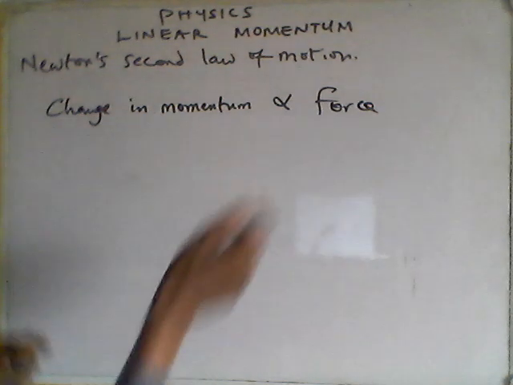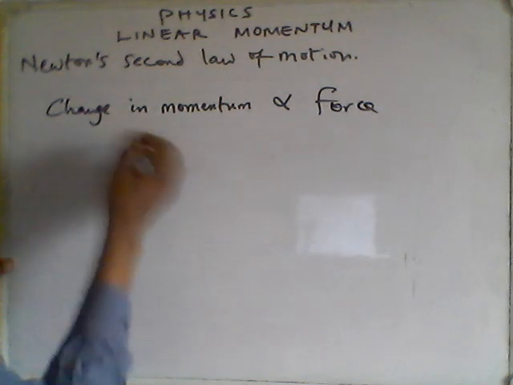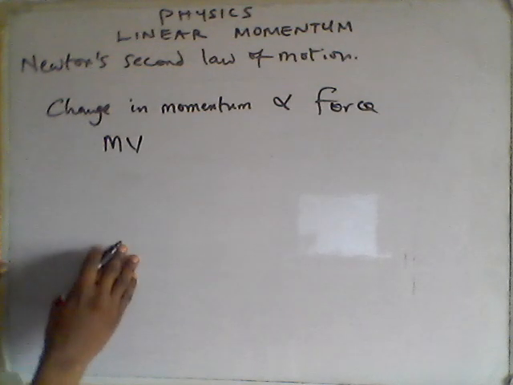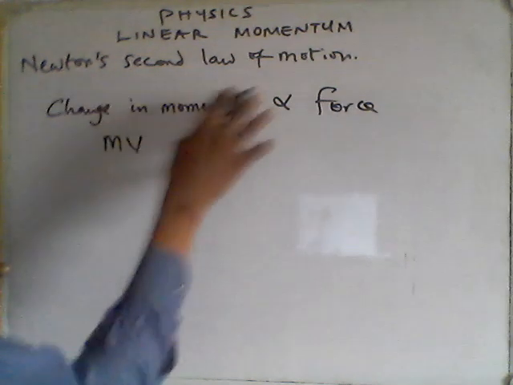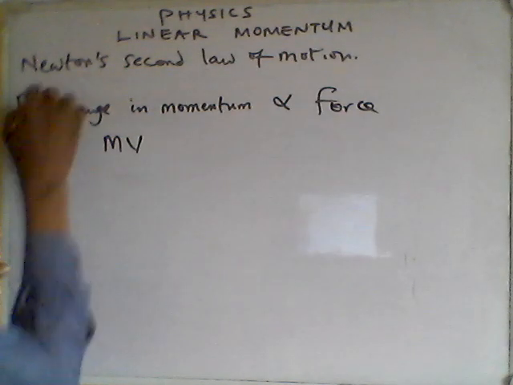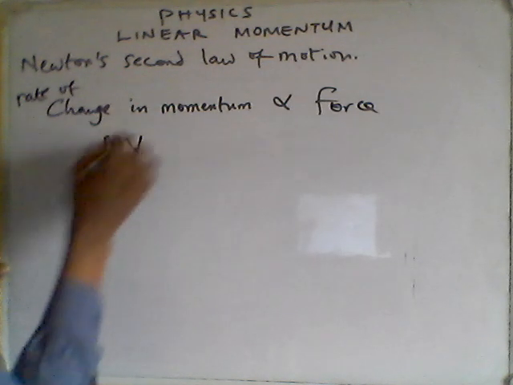Okay, now we know that momentum is defined as mass times velocity. But Newton's second law is talking about rate of change. Yes, rate of change. So rate of change has to do with time.